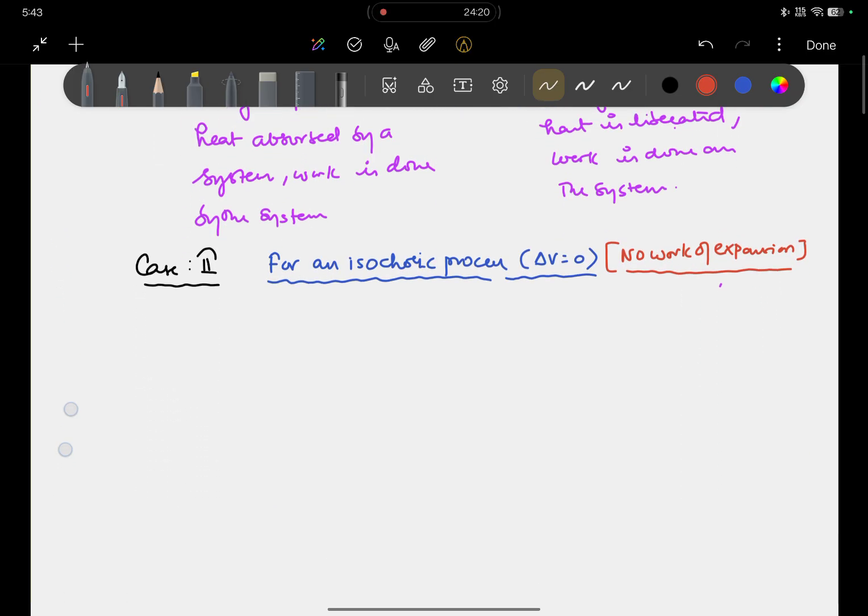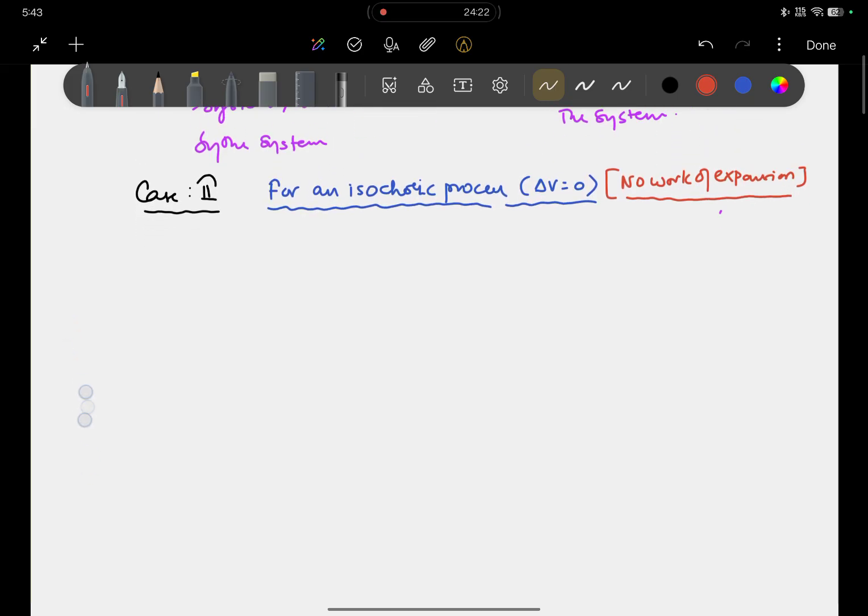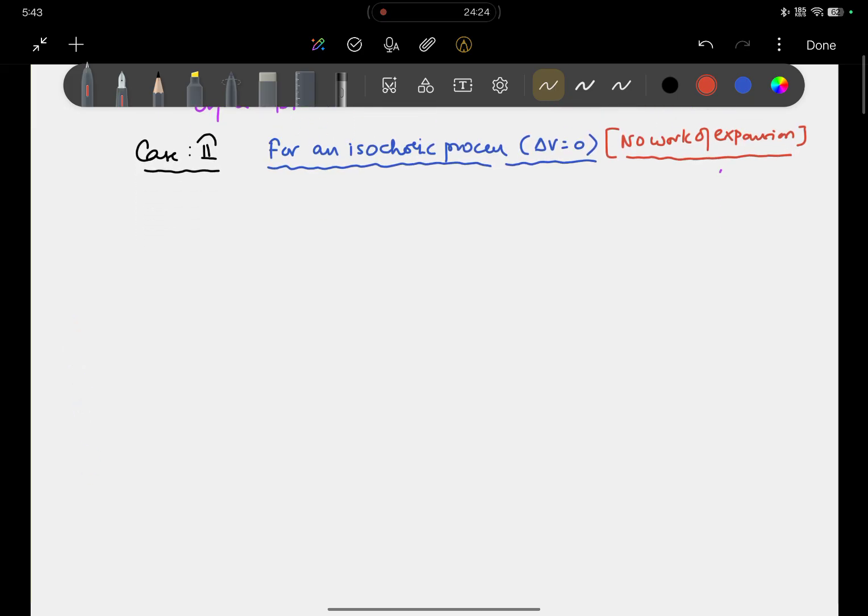Yes, sir. So case number 2, for an isochoric process. What is isochoric? Iso means same, choric means volume. So there is no change in volume. So delta V is equal to 0. When I say there is no change in volume, there is no work of expansion.